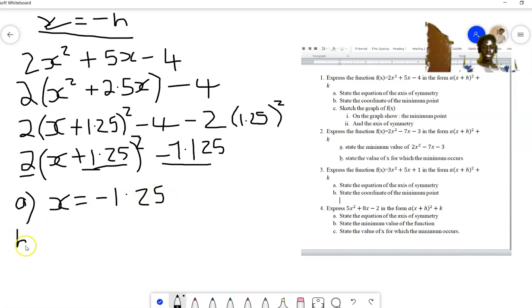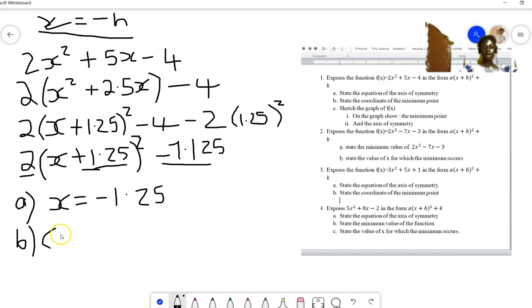Part B says to state the coordinate of the minimum point. What is the coordinate of the minimum point? And we said the coordinate of the minimum point is the same as the turning point.